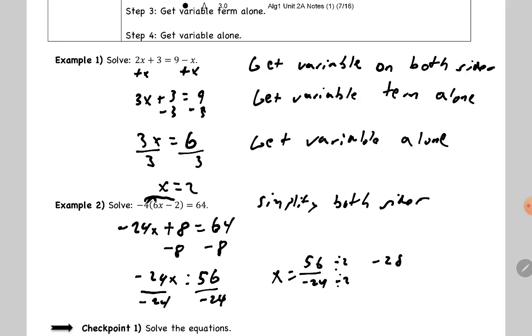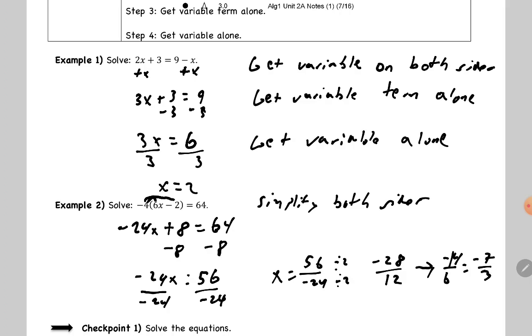And I'll get 28 and 12. Because they're both even, that means I can divide by 2 again. Negative 14 over 6, which is negative 7 over 3.